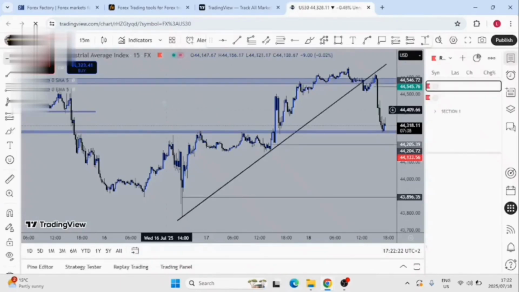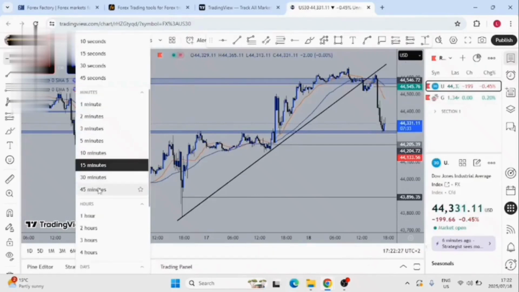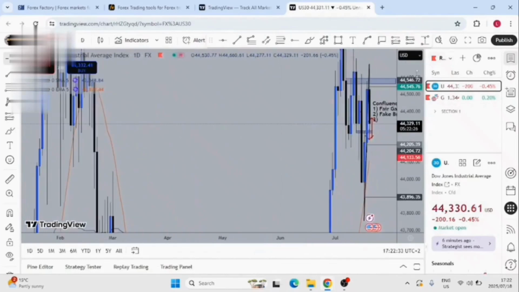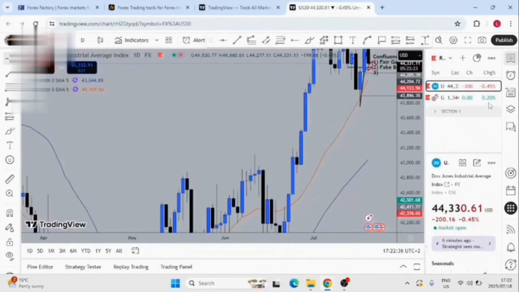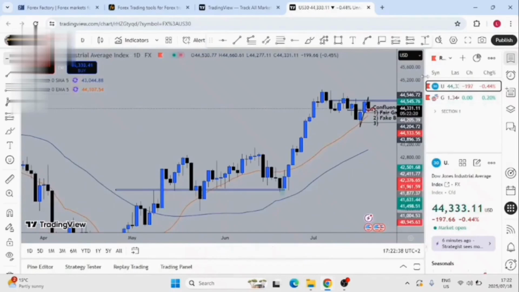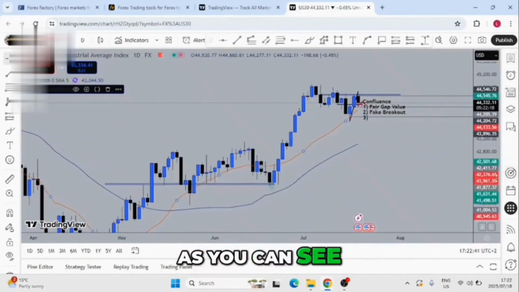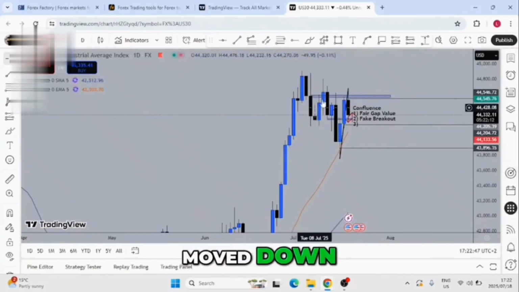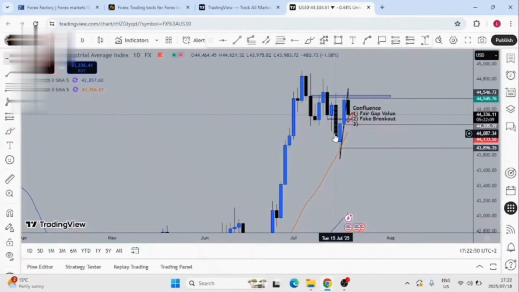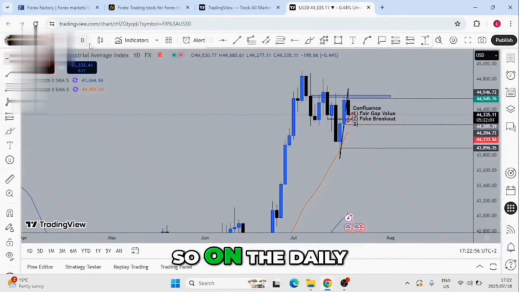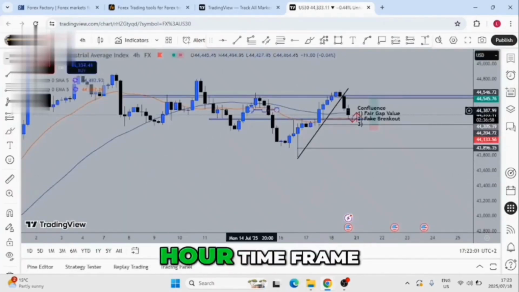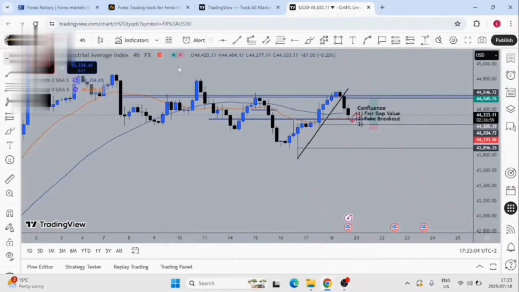Now you guys can see right here, as you can see, price moved down, went up, broke market structure, moved up, now it's moving down. So on the daily time frame, it is moving down, and on the 4-hour time frame, it went up. Now it's moving down.